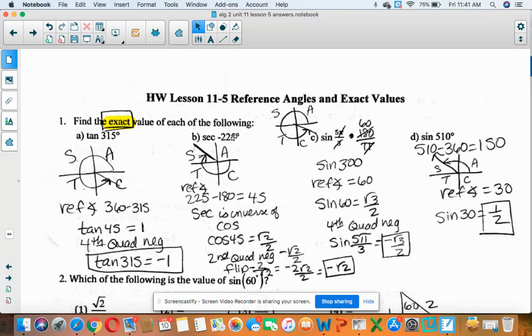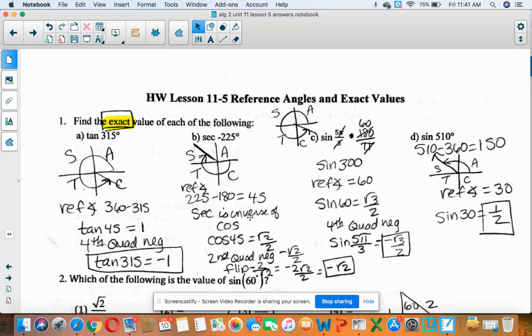Secant of negative 225. So remember, negative 225 is going to go clockwise. So the angle is going to wind up being right here in the second quadrant. The reference angle, 225 minus 180, my reference angle is 45.